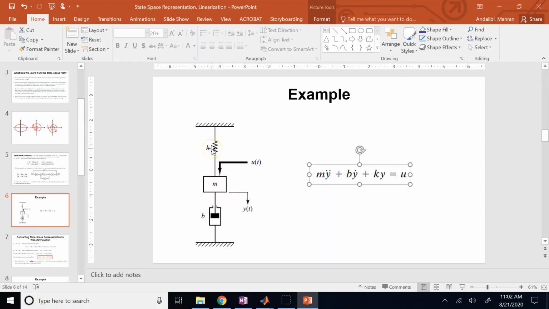Initially this spring is stretched by an amount delta, which is equal to mg over k, to keep it in equilibrium. Now from this point on, if you push mass m further, you call that extra displacement y. Therefore the force in the spring is actually k times whatever delta was plus y.